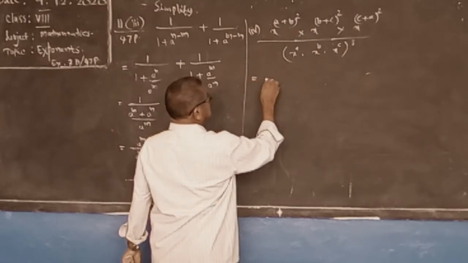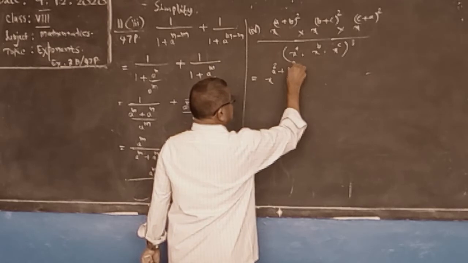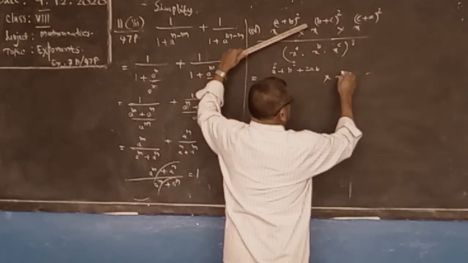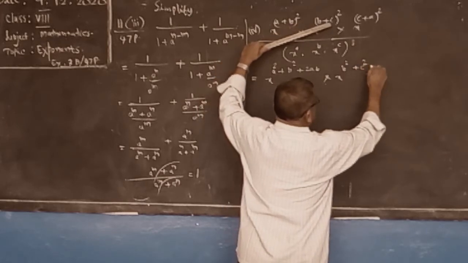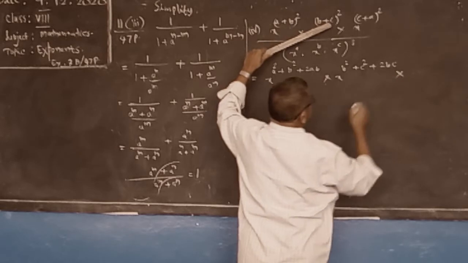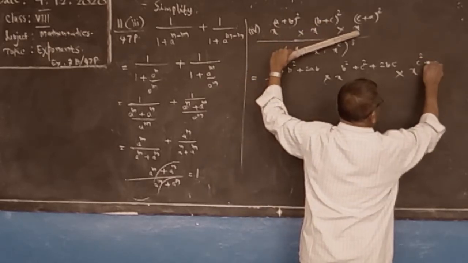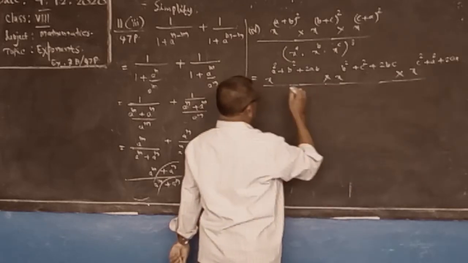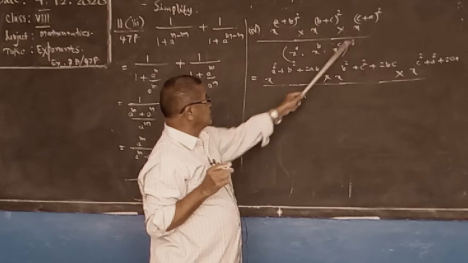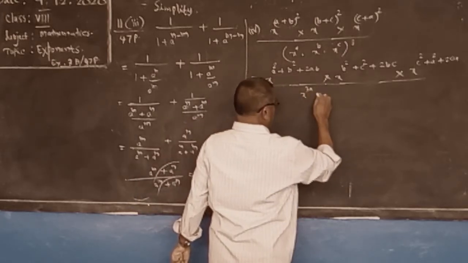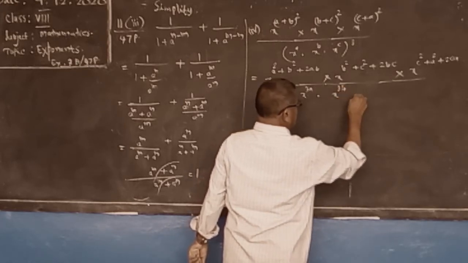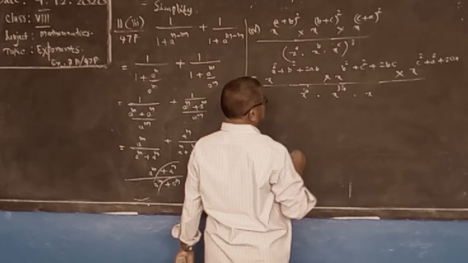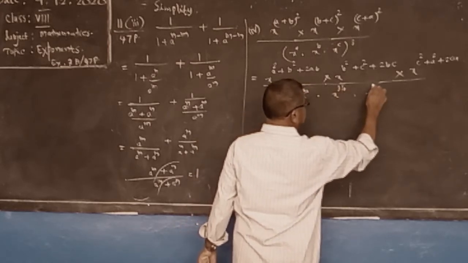Now this is x power a square plus b square plus 2ab into x power b square plus c square plus 2bc into x power c square plus a square plus 2ca, whole by x power a cube, power to power, it becomes 3a, 3b and 3c.